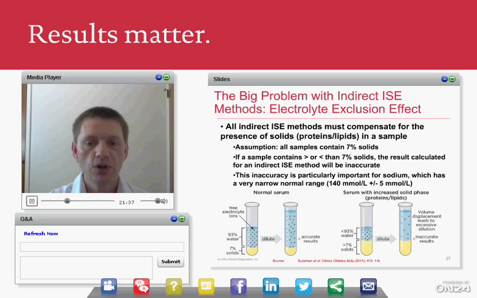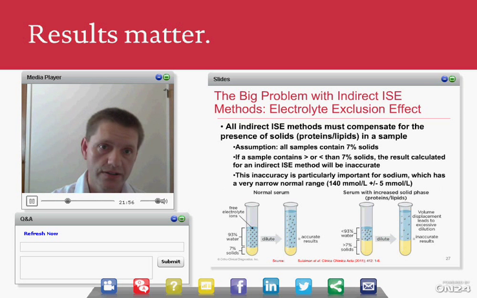However, when doing that, there needs to be an assumption about the amount of solids that are in a sample and the displacement of liquid that's carried out by those solids. By solids, I mean proteins and lipids. The assumption that's made is that all samples contain 7% solids.